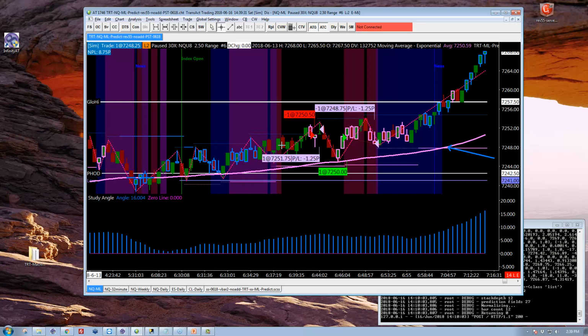And the reason is that basically what's happening in this kind of action is that the outcome is much more random when you start going sideways like this. And so one of the things we try to do is reduce the randomness, because when the market's chopping sideways, you really have no idea what's going to happen next.